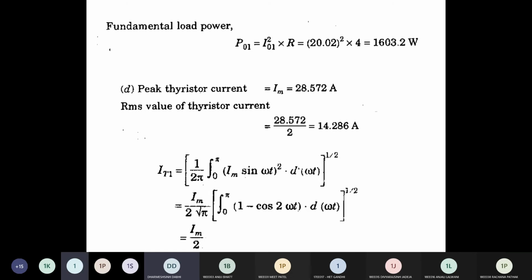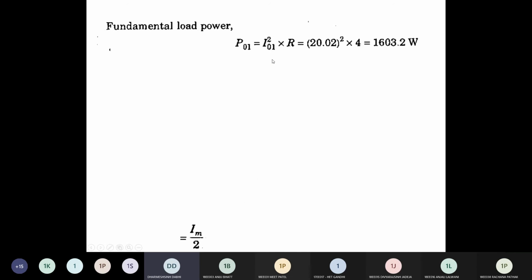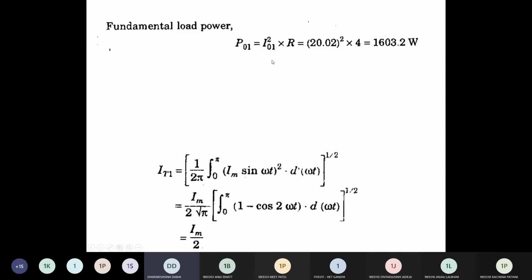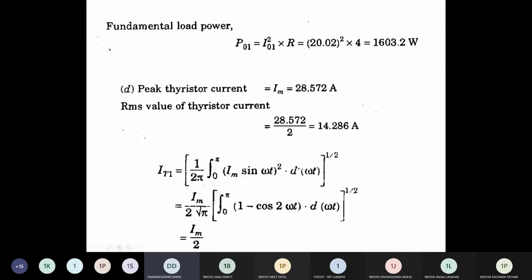Yes or no? Yes, sir. Okay, please write down this RMS value. We actually calculated the fundamental load power and total load power last time. Clear? We also discussed in the last lecture that your fundamental power is less than your total power. Why? Because your total power contains the fundamental as well as the harmonic components.